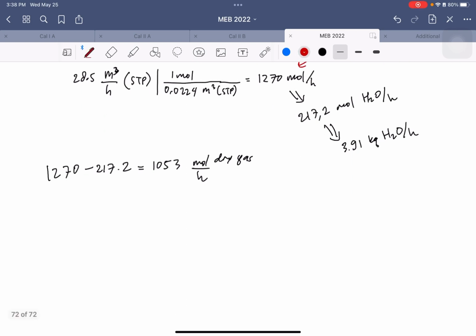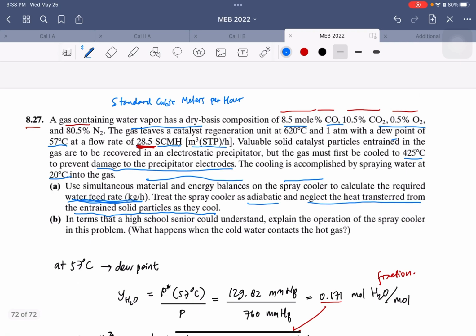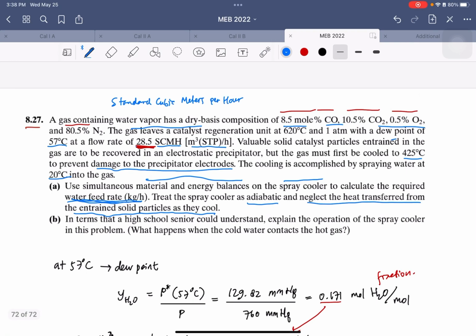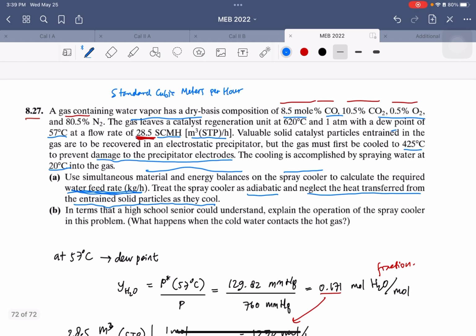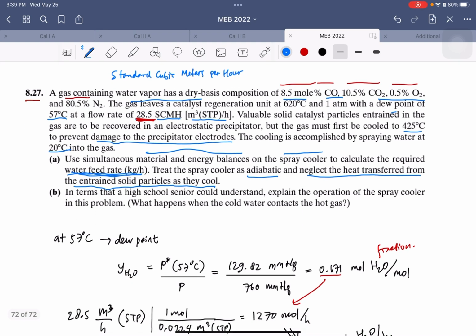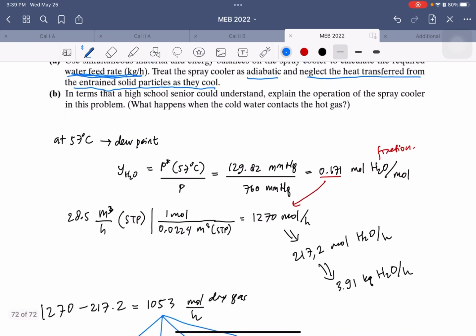And we have a percentage based on the question. So 89.5 CO per hour, 110.5 CO2 per hour, right? So, okay, based on the percentage, 8.5 mole percent, then 0.5, 0.5, and 80.5.